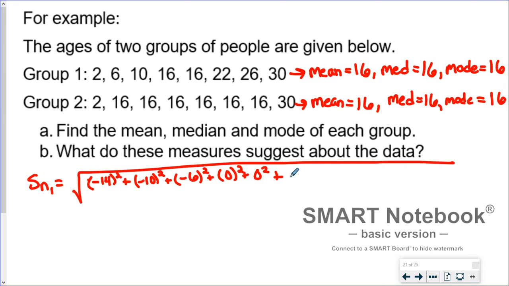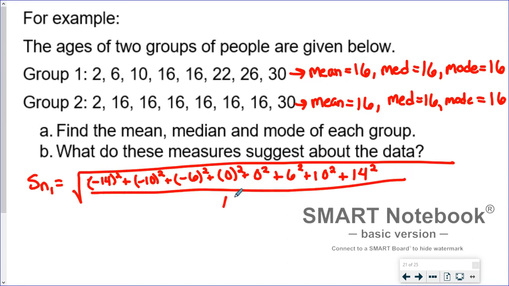22 minus 16 would be 6. So 26 minus 16 would be 10. And 30 minus 16 would be 14. And you divide all of those by the total number of data points. Whoops, there's not 15 there.